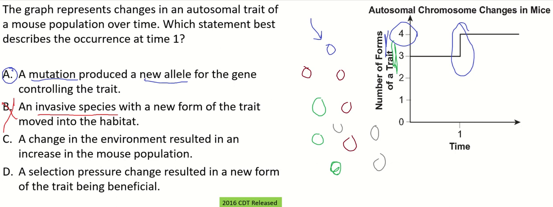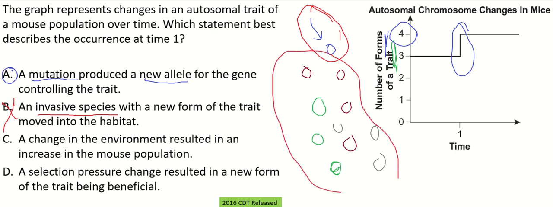If there's more food, then the population can increase. Sure, but that doesn't explain how you get a new version of a trait. You would just simply have more gray, brown, and green mice. All right, that doesn't explain how you get a blue mouse all of a sudden. So that doesn't explain the question.